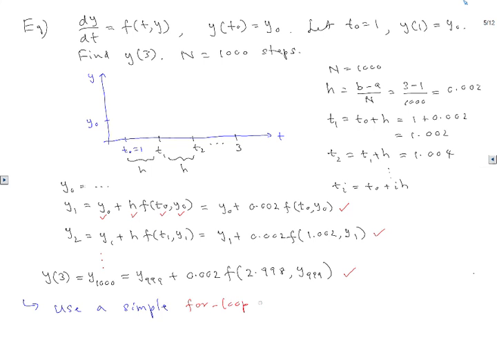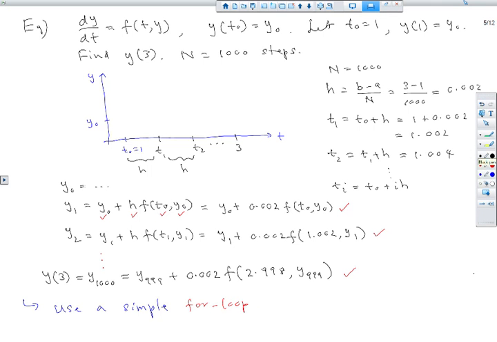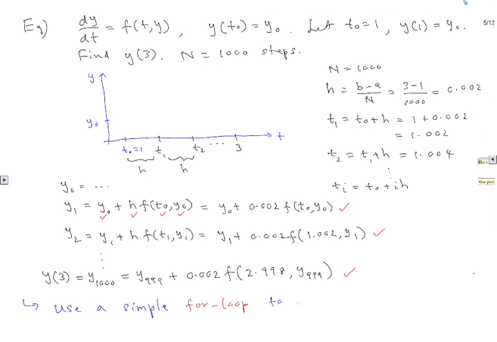Use a simple for loop to calculate this. Okay, so this is a very simple idea. Just use a simple for loop, and then you can see that you're going to get this value very quickly. So the calculation is not that bad, but what we need to do is understand how things are going to go. And you can see it's not a difficult calculation.